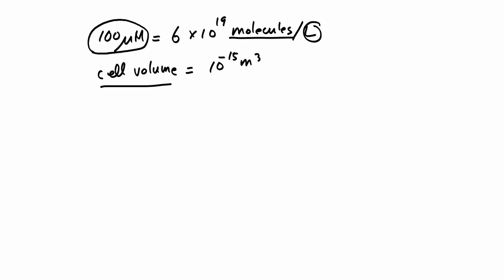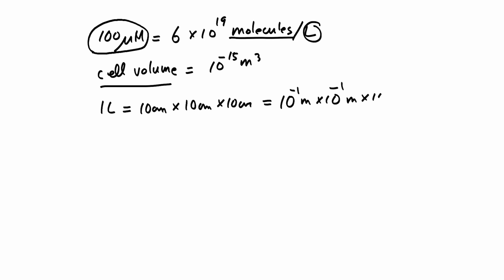So that's what we want to do now. 1 liter is equal to 10 centimeter times 10 centimeter times 10 centimeter, which is equal to 10 to the power of minus 1 meter times 10 to the power of minus 1 meter, 10 to the power of minus 1 meter, which is equal to 10 to the power of minus 3 cubic meter.